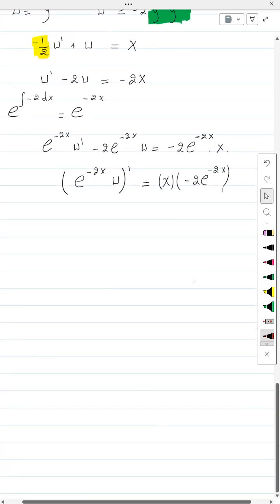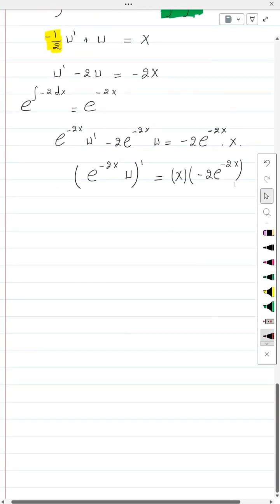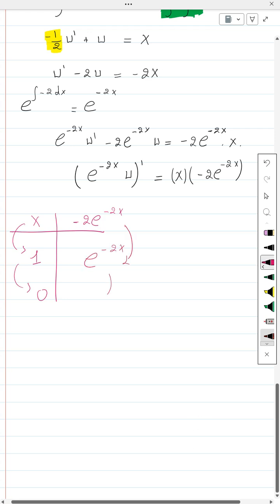Let's do the integration by parts on this side. So here we have x, here we have minus 2 exponential minus 2x. The derivative of x is going to be 1, and the derivative of 1 is going to be 0. The primitive of minus 2 exponential minus 2x is going to be exponential minus 2x, and the primitive of this is going to be minus 1 over 2 exponential minus 2x, since when we take the derivative it's going to be the same, so it's going to be plus or minus.